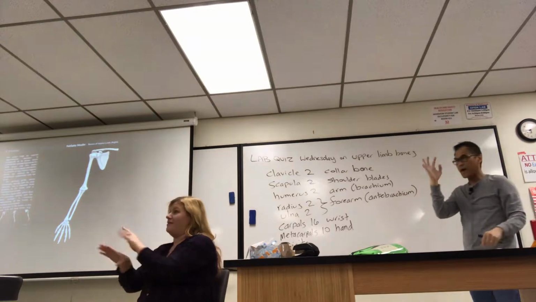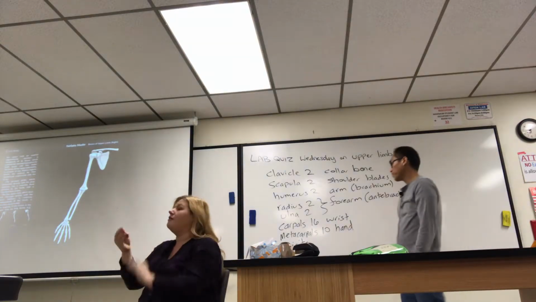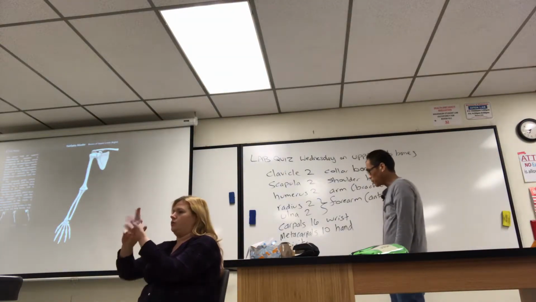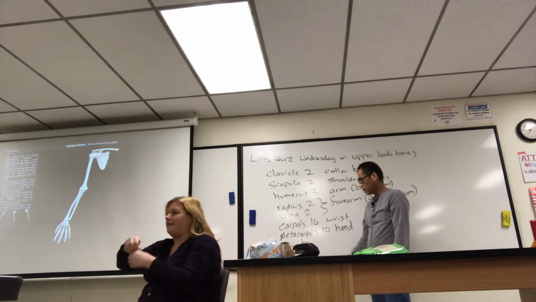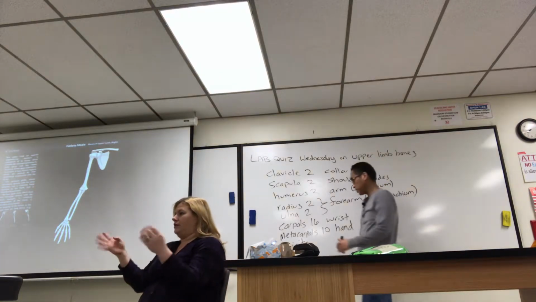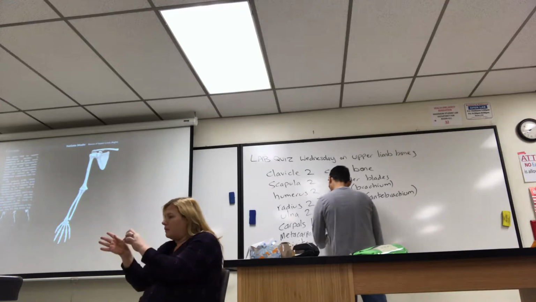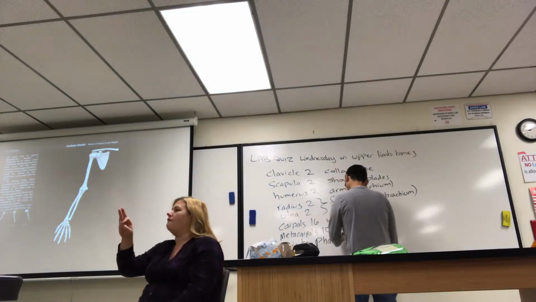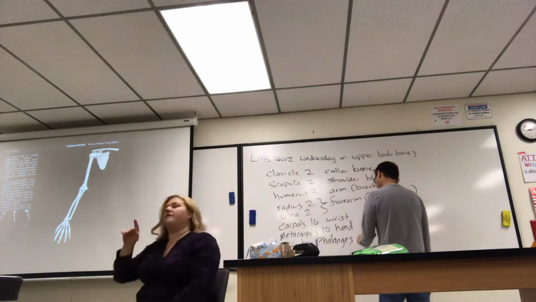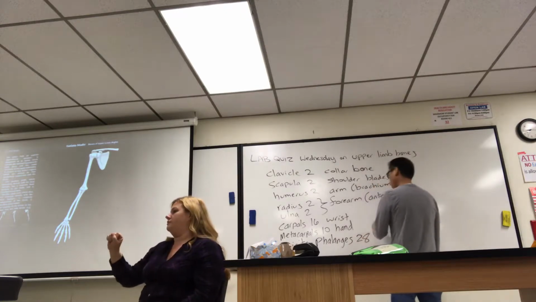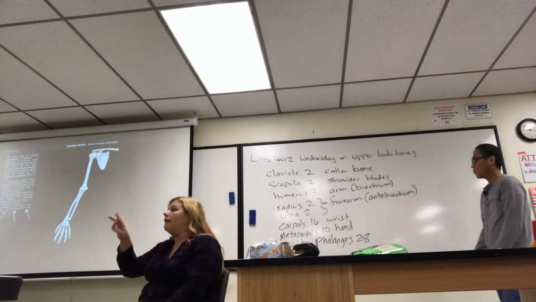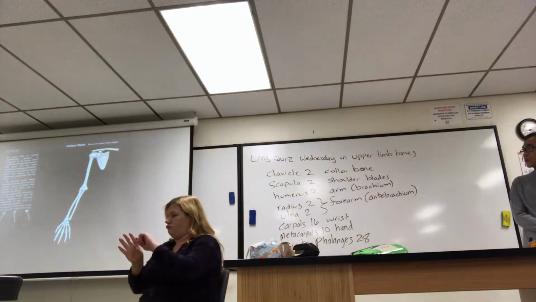So you have 14 per hand, and that's 28 total. Now those individual bones of your digits are called phalanges. So you have 28. And those are just listing all the bones of the upper extremity.